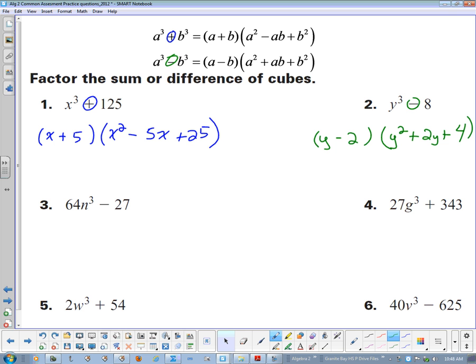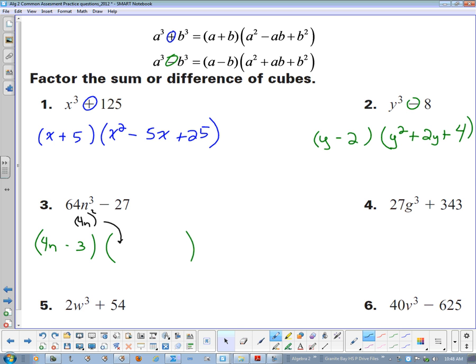This one here. Set it up. What's the cubed root of 64? 4. So we're going to have 4n and minus, what's the cubed root of 27? 3. Now, this one here is going to be a 4n squared.